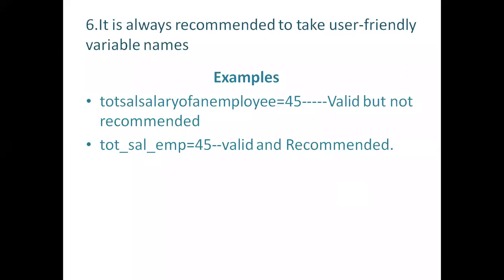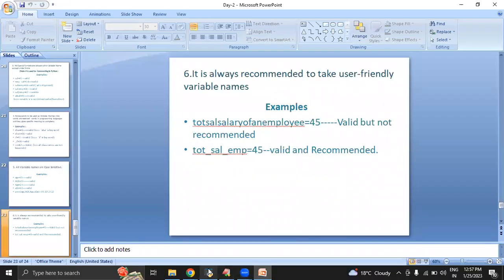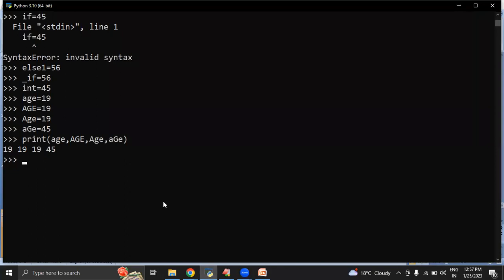Let's see what is recommended and what is not. A short name is equal to 40.